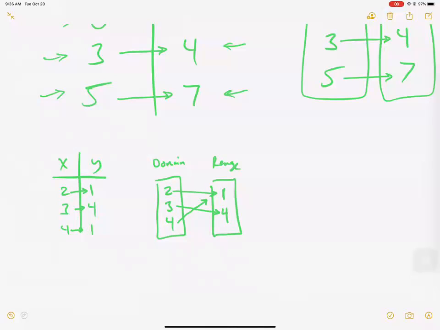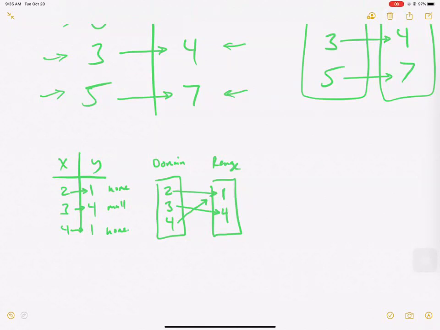So let's use representations of locations instead. Let's say 1 is your home, 4 is the mall, and 1 is your home, right? I want you to look at it a different way. Each input only has one output when it applies to a function.